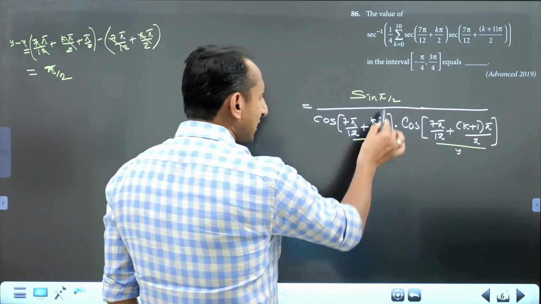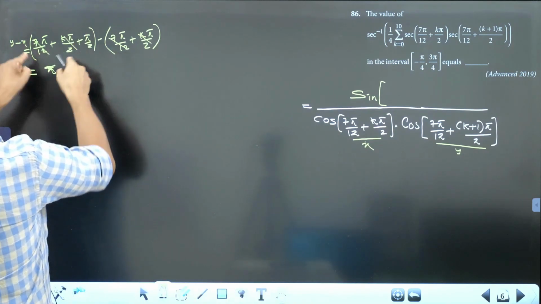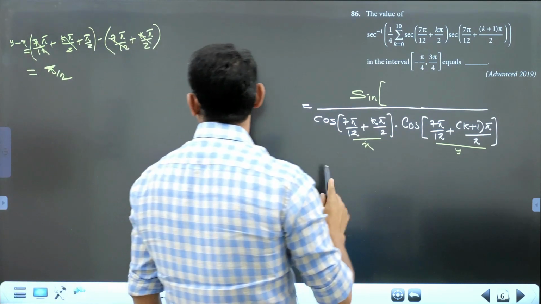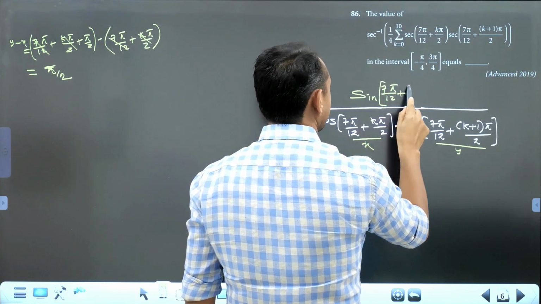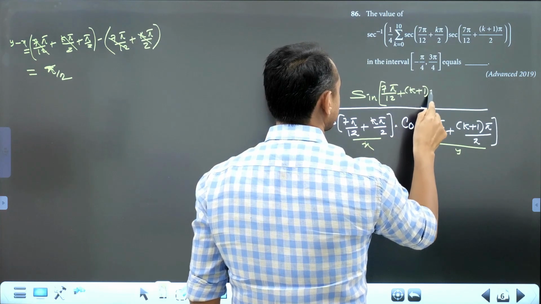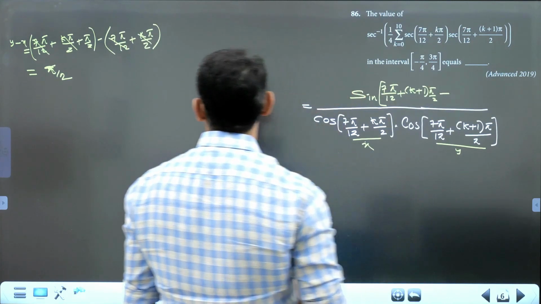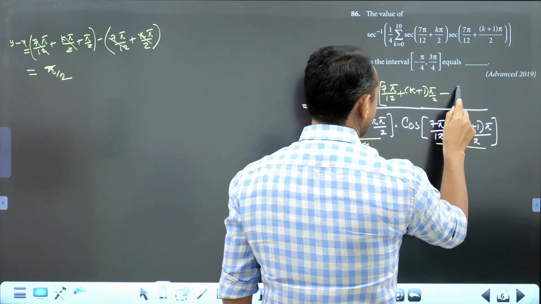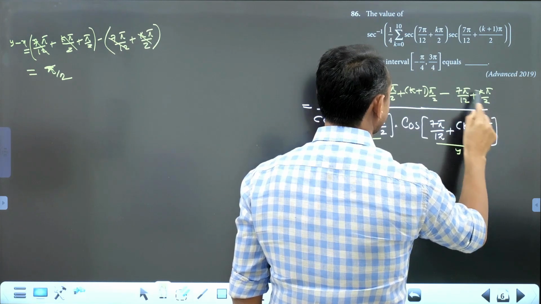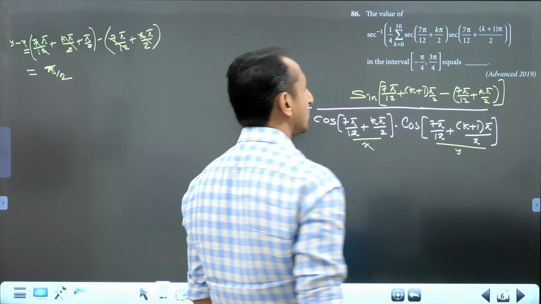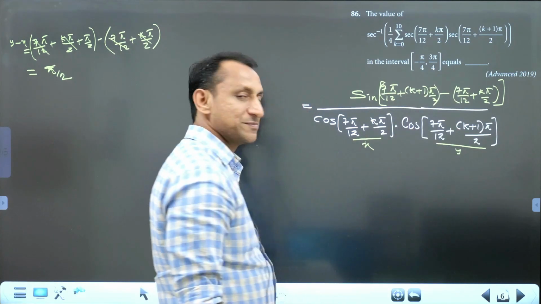Then I rearrange this pi by 2 as: the first term is 7 pi by 12 plus (k plus 1) into pi by 2, minus 7 pi by 12 plus k pi by 2. This is a single term, this is another term.